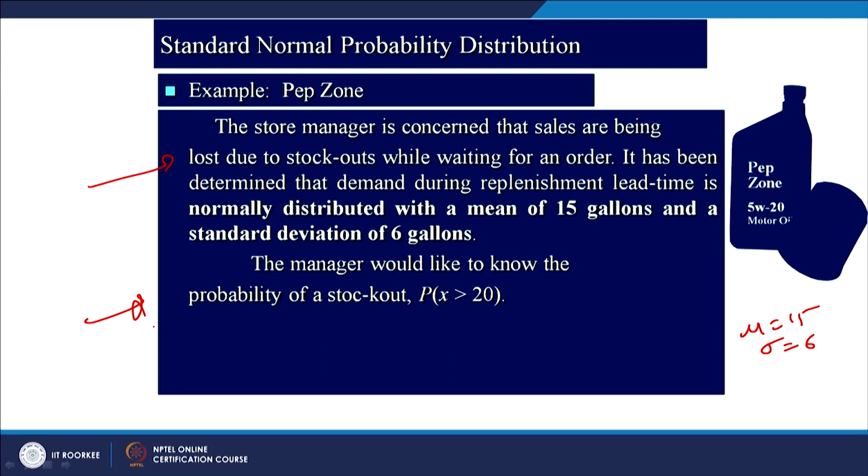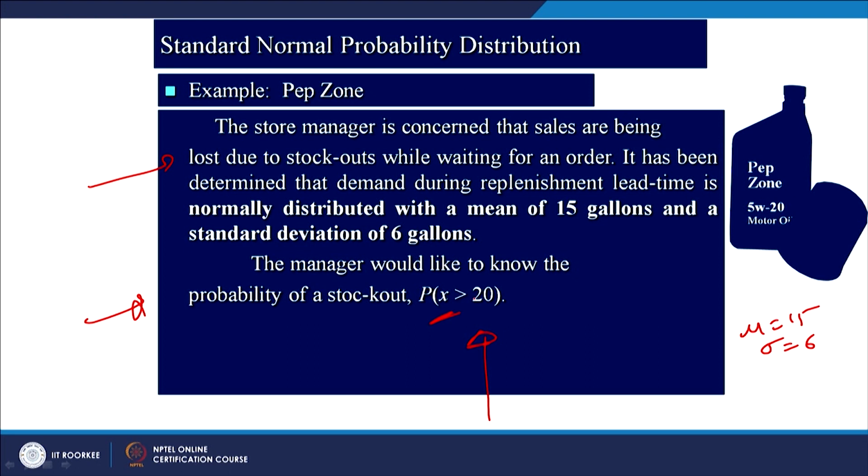What is the probability of stock out when the demand is more than 20 gallons? So, in this case we need to find that probability wherein the x value is more than 20.